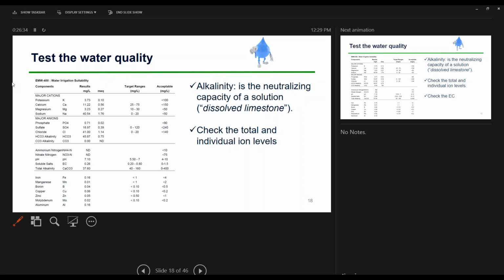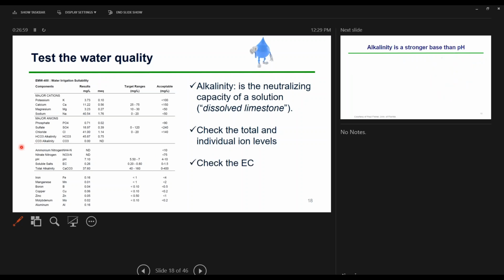If you do, you're going to adjust your fertilizers based on that. When I say total levels, you're going to look at the electrical conductivity, which gives you a sense of whether it's too high. If it's low, it means the water is very pure, so you don't worry too much. But if it's above 0.5, you know that some elements are going to be relatively high and you might need to adjust your fertilizers.